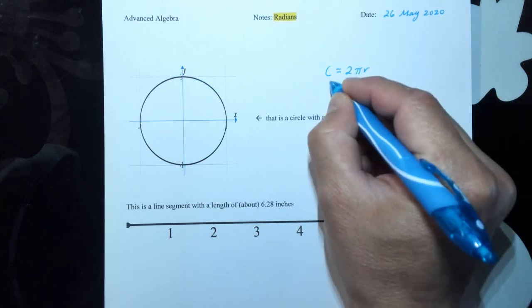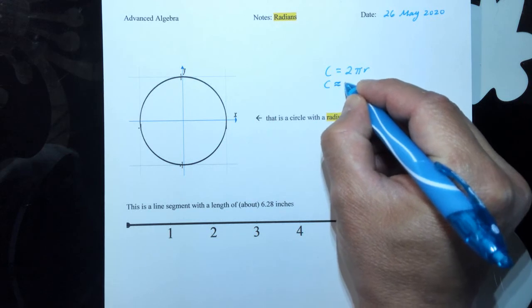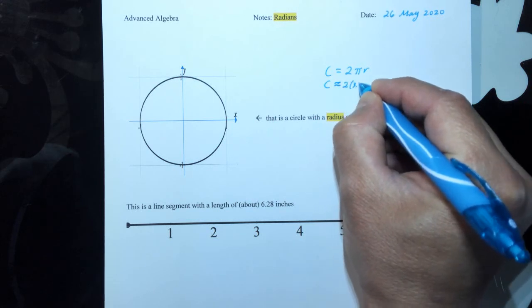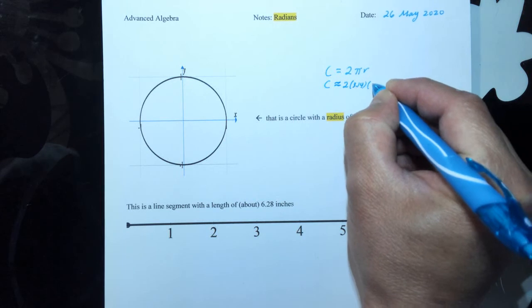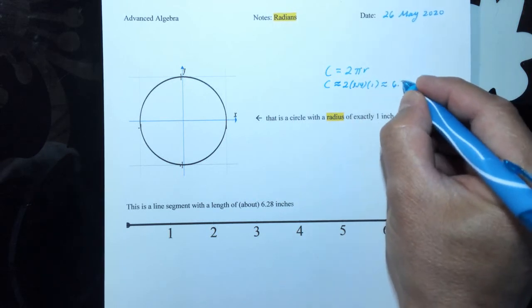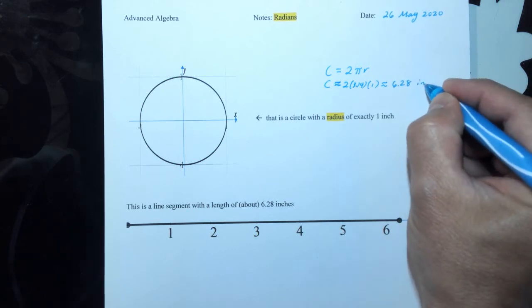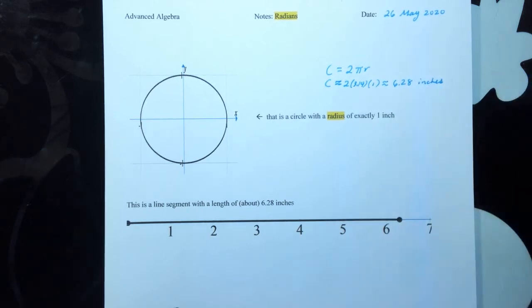And in this case, let me approximate. We know that pi is about 3.14, and we know the radius is 1, so the circumference is about 6.28 inches. This line segment down here that you are looking at is 6.28 inches.